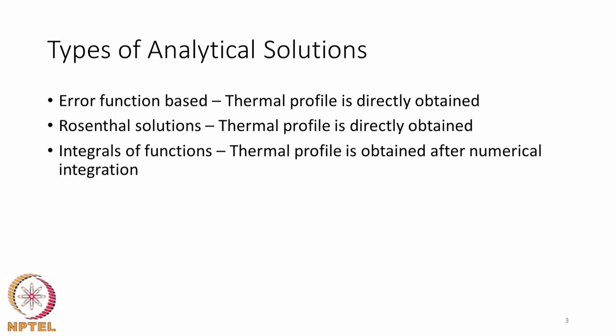So, therefore, unlike the problem of, for example, heat exchangers or fins, welding is a situation where the analytical solutions are very limited. And the three major categories of solutions that are available are listed here: error function based, Rosenthal solutions and integrals of functions that we will see in the class.